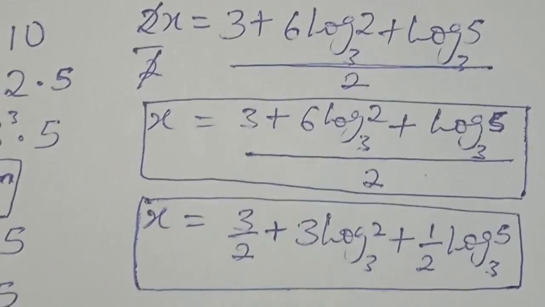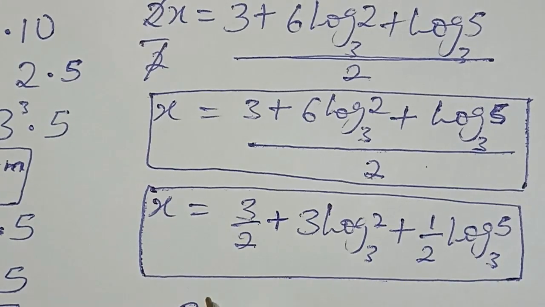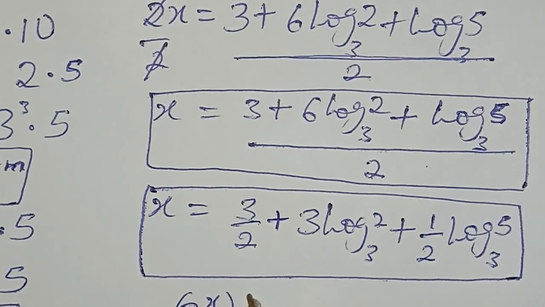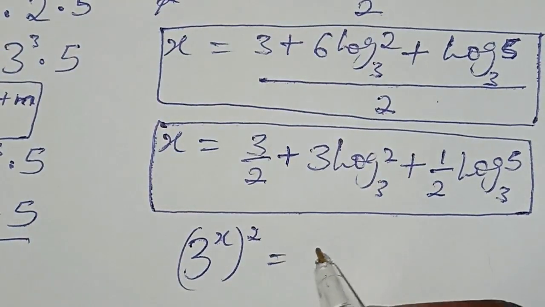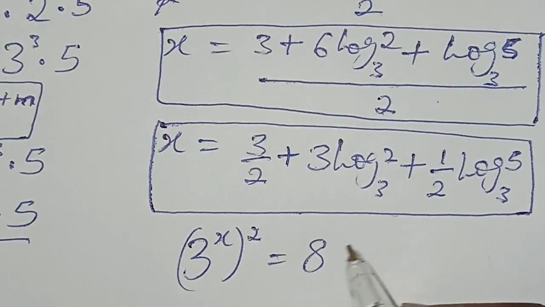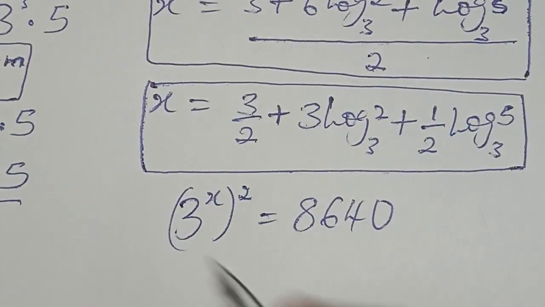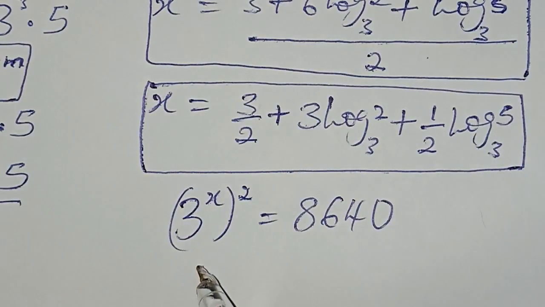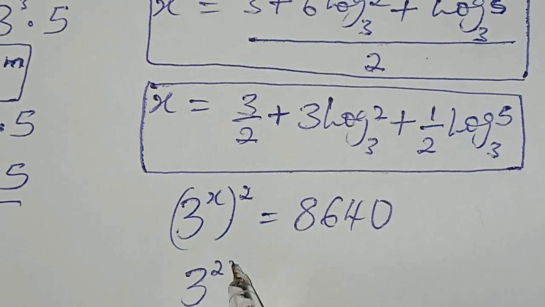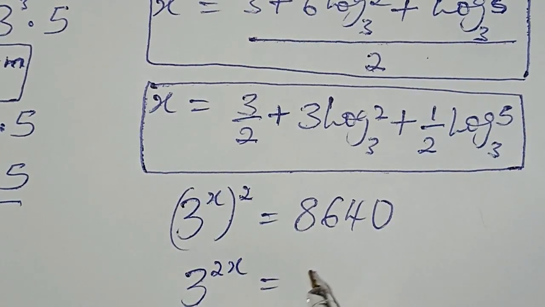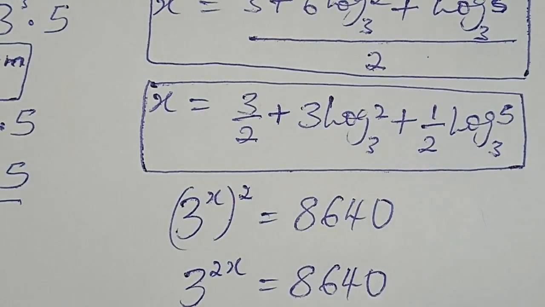So from our equation, 3 to the power of x, into brackets, to the power of 2 is equal to 8,640. This can be simplified as 3 to the power of 2x is equal to 8,640.